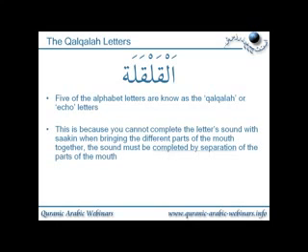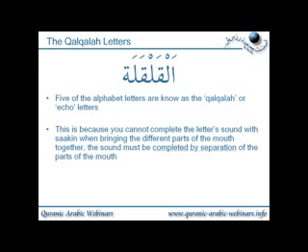And the reason they're called echo, I'll just read this out, is because you cannot complete the letter's sound with sakin when bringing the different parts of the mouth together. The sound must be completed by separation of the parts of the mouth.